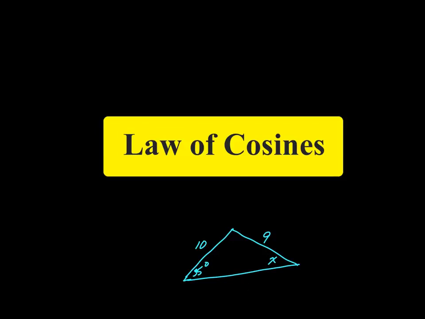Now, what happens if instead of knowing this side is 9, we know this side is 9? And I want to find, for example, this side over here.